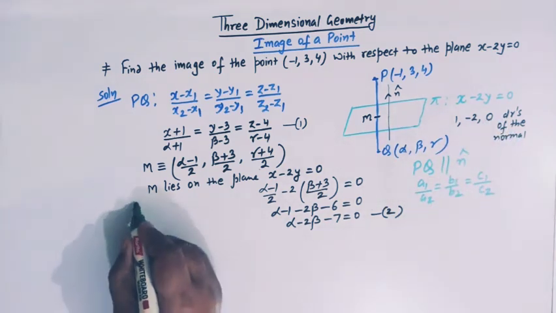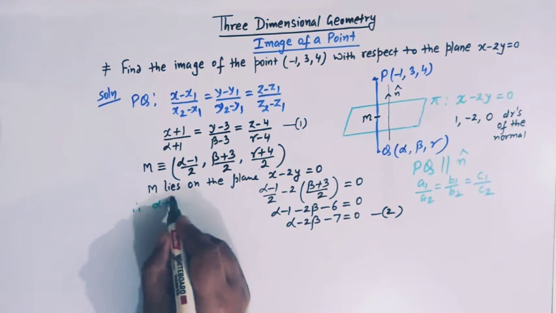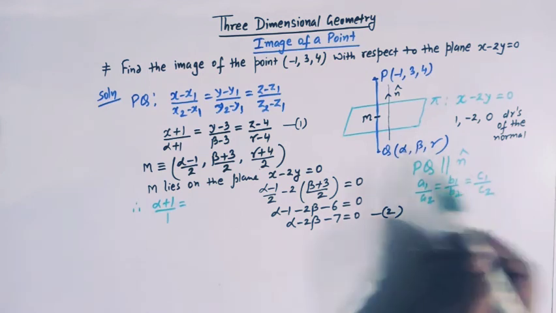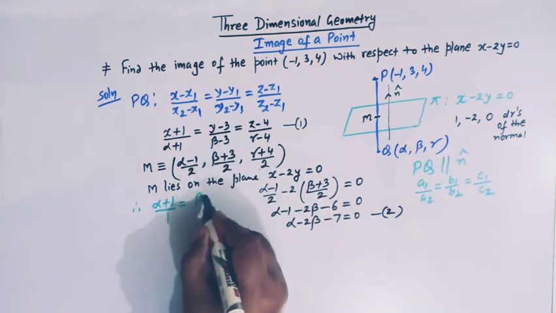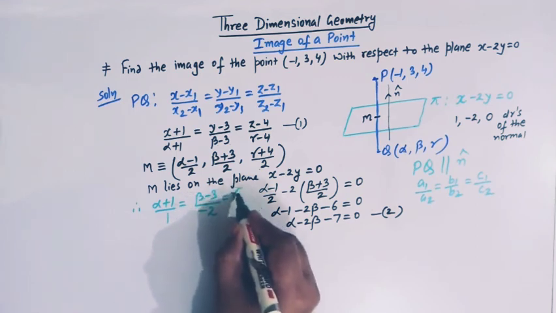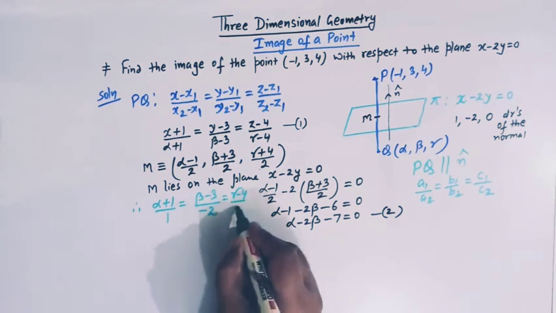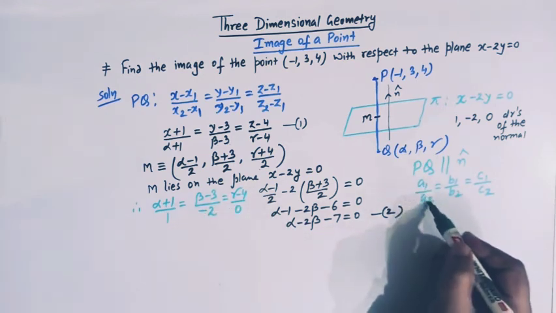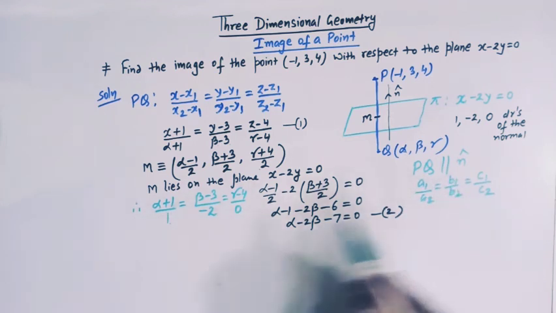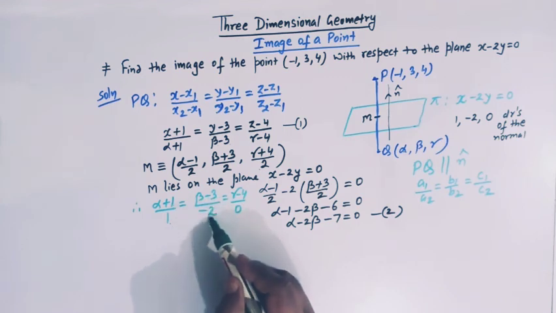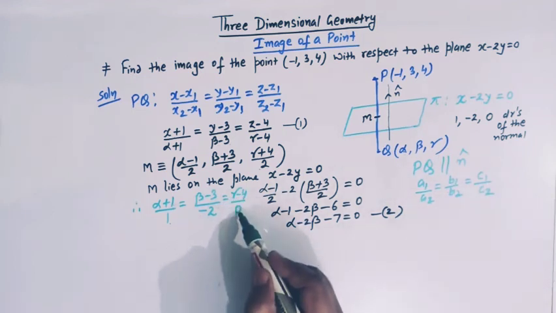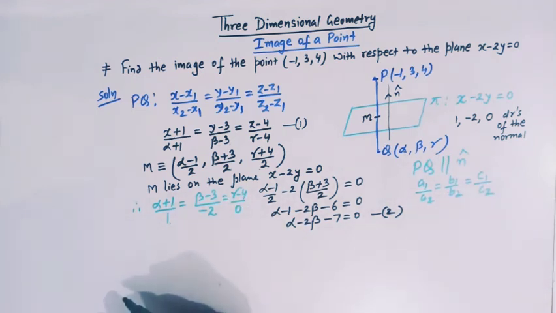So we can write (alpha plus 1) divided by 1 is equal to (beta minus 3) divided by minus 2 is equal to (gamma minus 4) divided by 0, right?